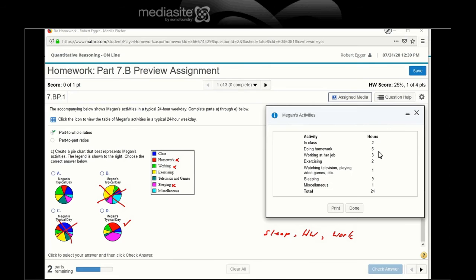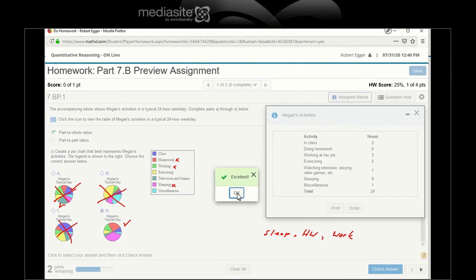And in A, things just look too even. And again, blue and this here, television and gaming, are the biggest ones. So it's got to be D.